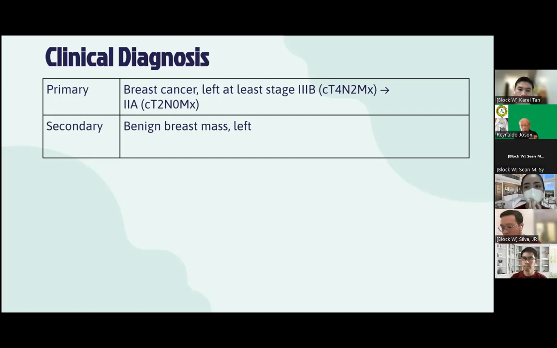If negative, then M0. And abdominal pain, especially in the right upper quadrant, to check for liver mets. If there is pain there, you palpate. If you can't palpate anything but the patient complains of frequent, persistent pain in that area, then you can consider liver mets.